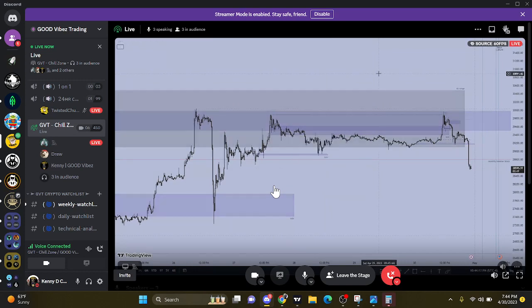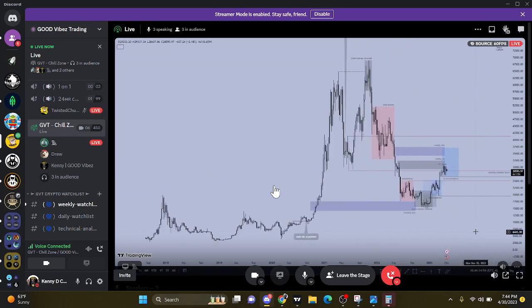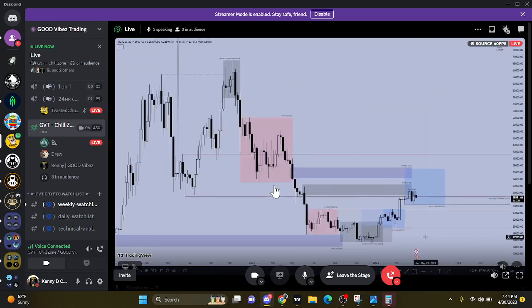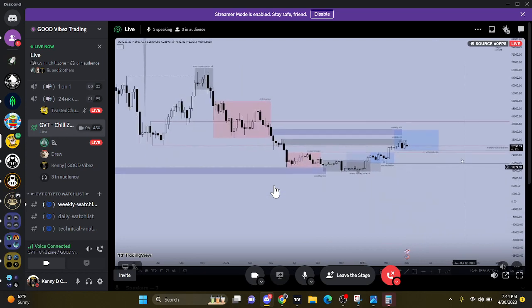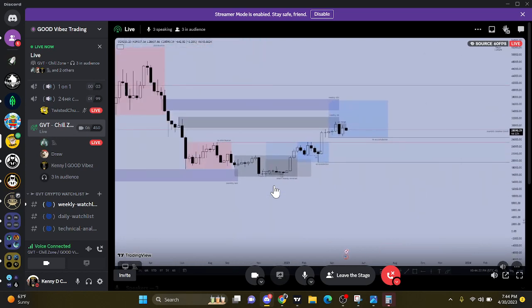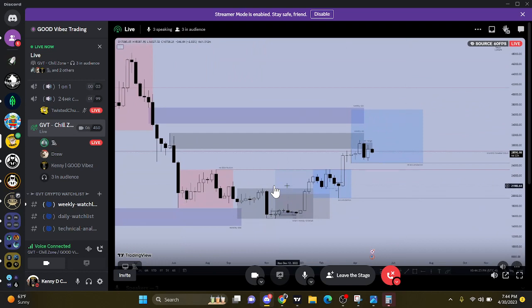What I do almost every day, this is what I was doing earlier before I started streaming, is look at the weekly chart and determine: is this weekly candle going to close higher or lower, based on where we are now, where we have come from, and where we are likely to go? That is what I ask myself constantly.